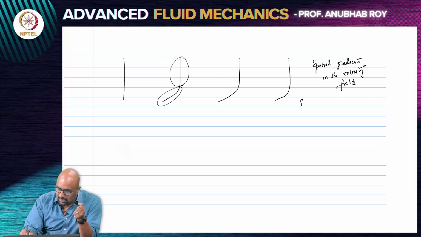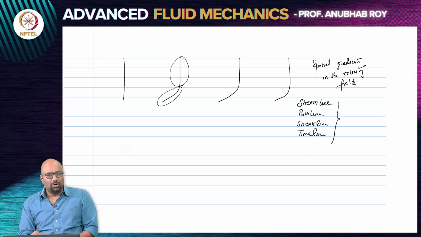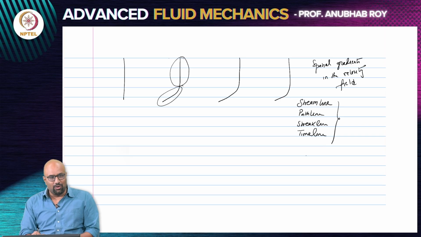So you learned 3 key ideas: streamline, path line, streak line, and timelines. The first 3 would be identical if you had a steady flow, but in general for an unsteady flow they can be quite different.